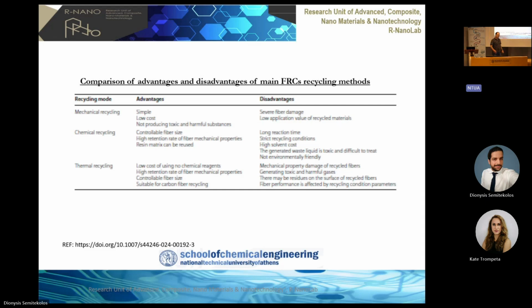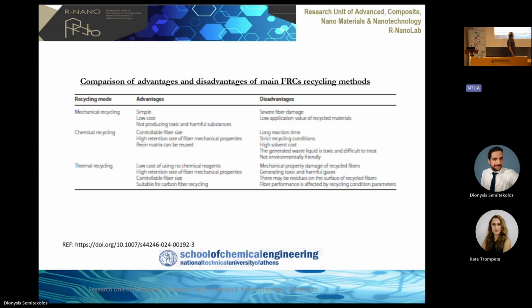The length of the fiber that we can receive by chemical recycling is quite large. You also have the advantage that the fiber is oriented, unlike in the case of mechanical recycling. And theoretically speaking, you can also use the resin material.